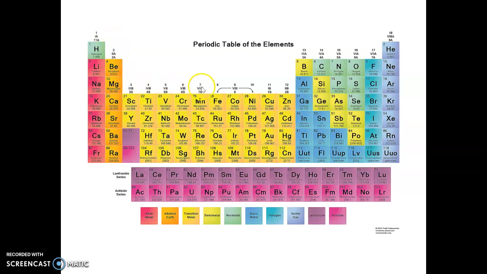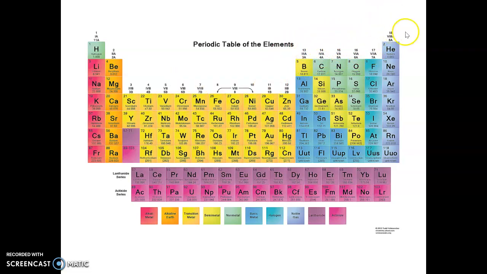Then down here we have our transitions, and these are the B groups. That's why you see it as 3B, 4B, 5B, 6B, 7B, etc. And then again, on the right-hand side, we have our A groups. So we're going to go from 1 to 3A, 4A, 5A, 6A, 7A, and 8A.